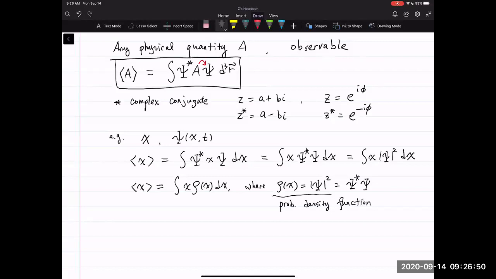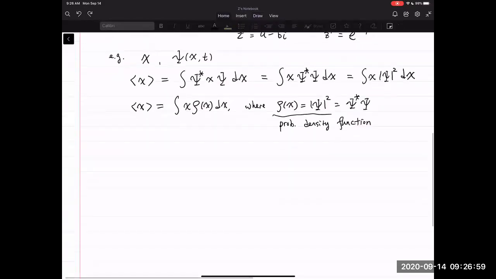So it means that we don't know exactly where the particle is. This is very different from classical physics. In classical physics, let's say we describe the behavior of an electron, we can always ask the question, where is the electron?